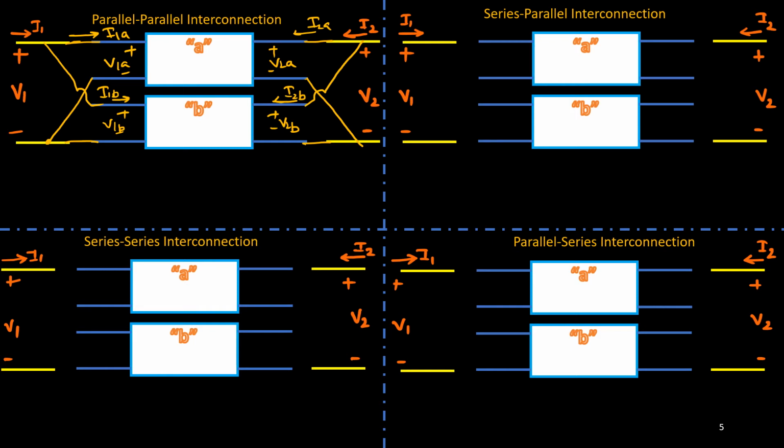So I'll start with these two because these are the combinations. Can I write then this I1 and I2, this column vector? So I1 we can write I1A plus I1B, and I2A plus I2B.